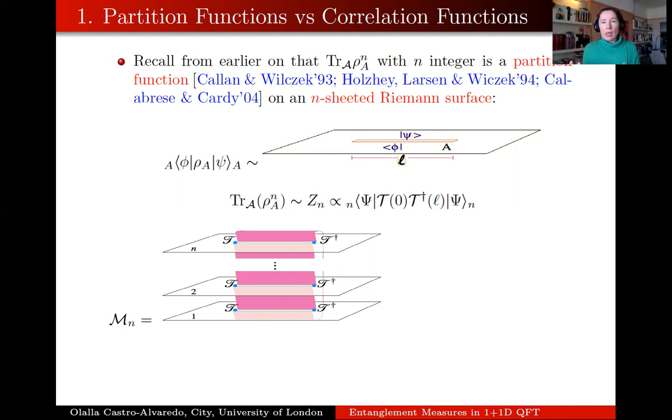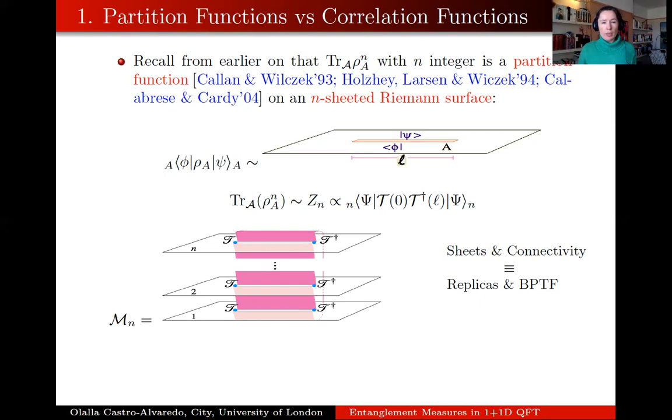And the way these copies are connected to each other is only through this twist field. So at each branch point of this Riemann surface, one of these fields is sitting. And what these fields are doing is to implement the cyclic permutation symmetry of all these sheets. So in this picture, the sheets on the Riemann surface are equivalent to the replicas of the QFT, the copies of the model we consider.